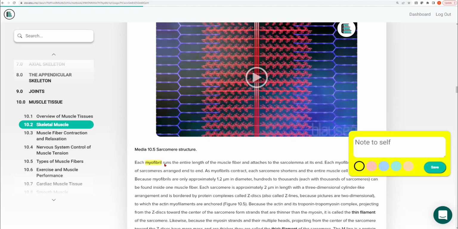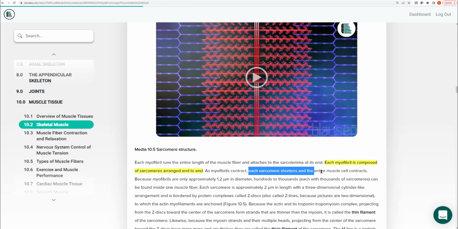So the myofibrils are those organelles running the entire length inside muscle fibers, and each myofibril is composed of sarcomeres arranged end to end. As a muscle contracts, all of the sarcomeres within the entire muscle cell contract.